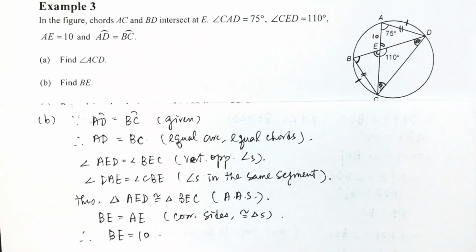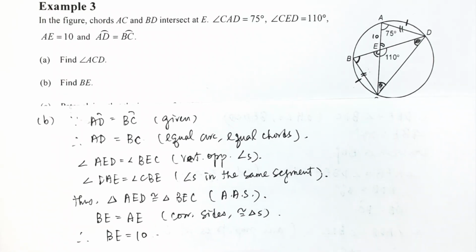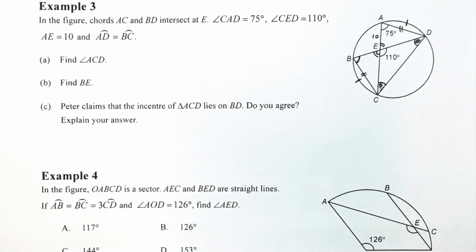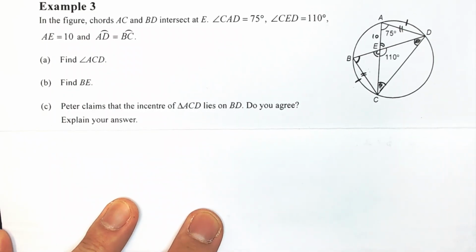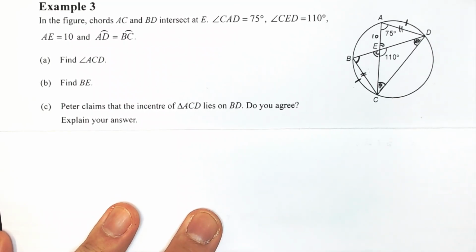Okay. So at last, part C. Someone claims that the incenter of triangle ACD lies on BD. Do you still remember what the incenter of a triangle is? The incenter of a triangle is formed by angle bisectors of the three interior angles of the triangle.